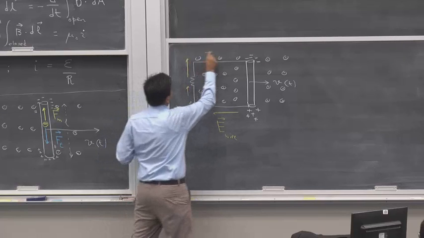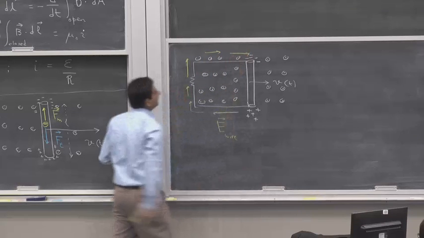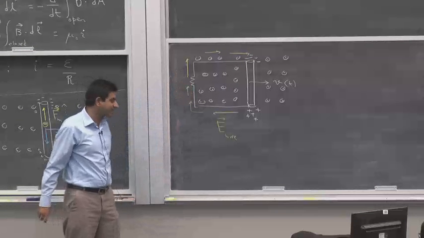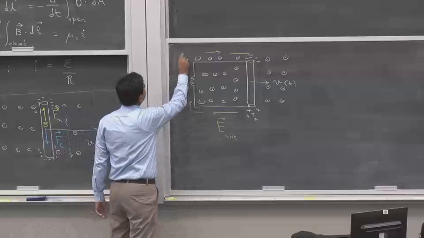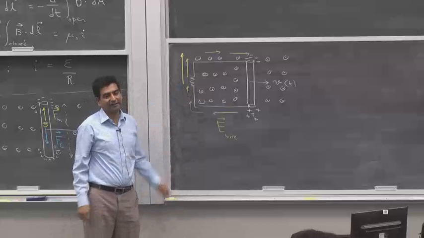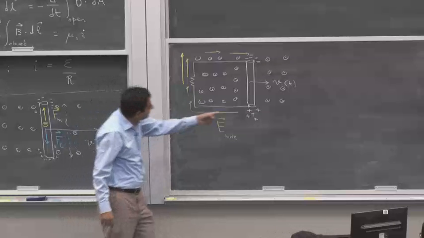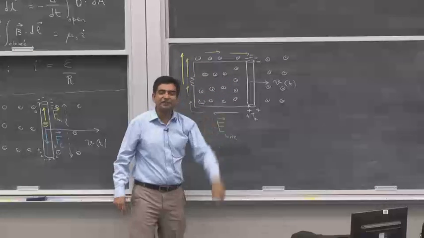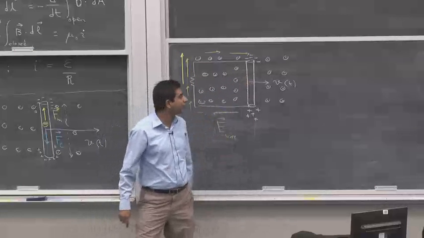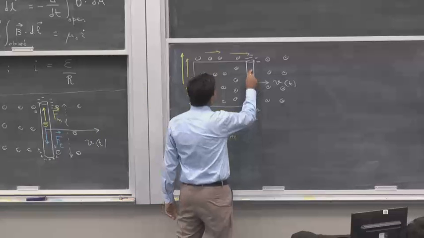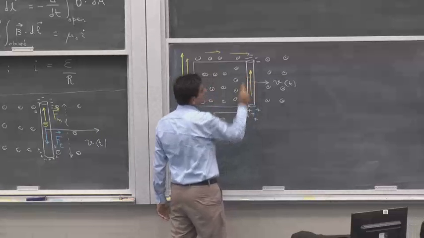This is the direction of the electric field. If this is a thin piece of wire, the field inside it will be really large because it's really a resistor. So this is the direction of the electric field inside the circuit. What's the direction of the electric field inside this piece of rod? It's going to be supposedly in the wrong direction.